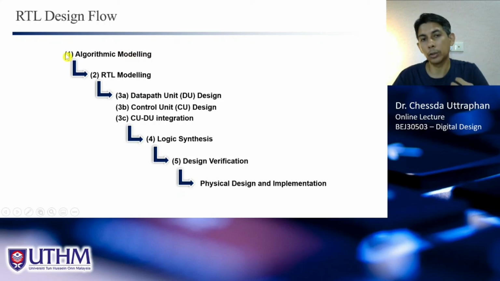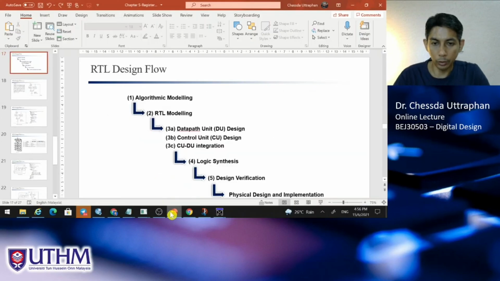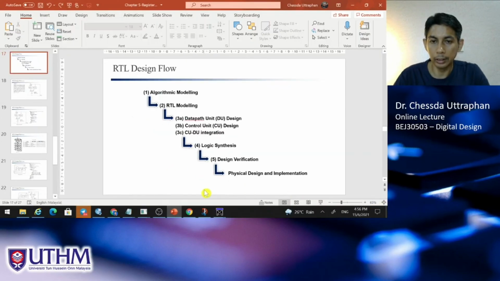We will model the design in the form of algorithm, and from the algorithm we will translate to RTL modeling, to an RTL model, which will be in the form of RTL notation, or what we call an RTL code, right? So from RTL code we will create this, what we have done in chapter 5, and we get the result. Okay, so those are the things that we will learn next week in the final chapter, and we'll summarize what we have learned in this course.